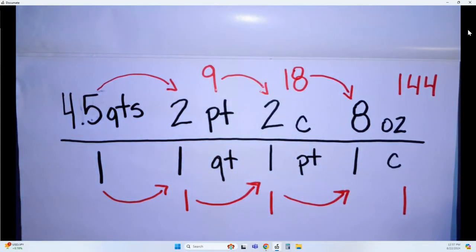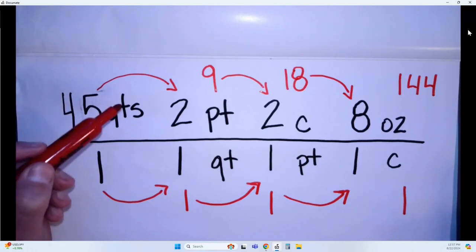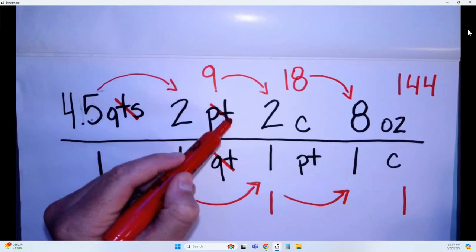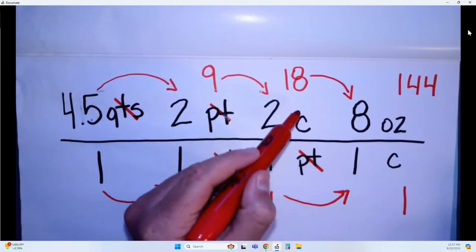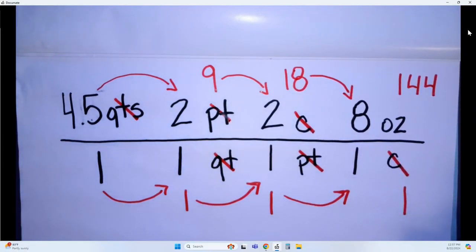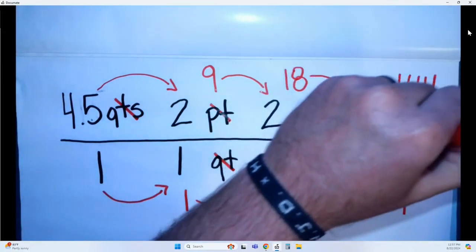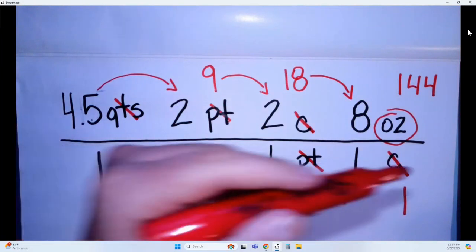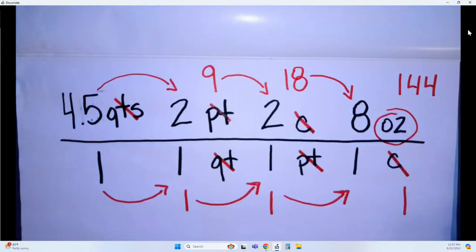Now I'm going to cross out all like units. I see I have quarts, quarts, pints, pints, cups, and cups. That leaves me with one unit that is not crossed out, which is my ounces, the unit that I want. I wanted to go from 4.5 quarts and find out how many ounces this is equivalent to.